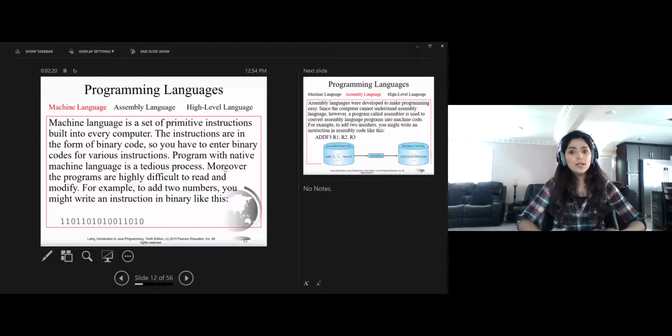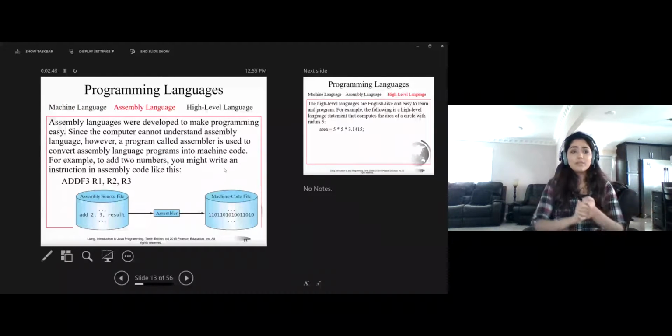Binary means 2, means 0 and 1. So a machine only understands instructions given in zeros and 1. That's it. If you are giving 5 plus 10, even on your calculator, that calculator is a machine, right? That machine doesn't understand what 5 plus 10 is. Computer only understands machine language or low-level language, or I would say binary, zeros and ones.